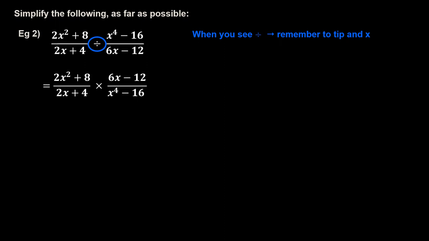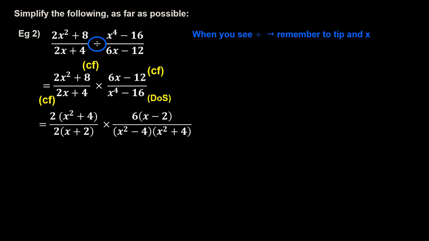And let's decide what type of factorization we need to do. In the first fraction, I can take out a common 2. I can also take out a common 2 in the denominator. In the second fraction, I can take out a common 6 in the numerator. And in the denominator, we have difference of squares.